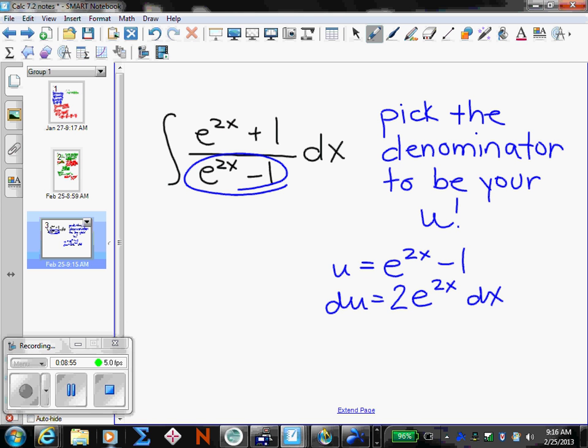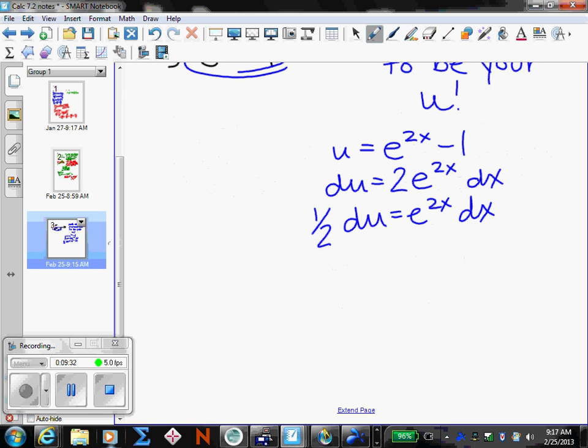Now, I have to substitute in. This is not going to work. I need to erase this +1 to make this problem work. I'm sorry. Okay, so now it's just going to be e to the 2x over e to the 2x minus 1. So I have to substitute in for e to the 2x dx, which means I need to divide both sides by 2. Now look what happens when I substitute in.